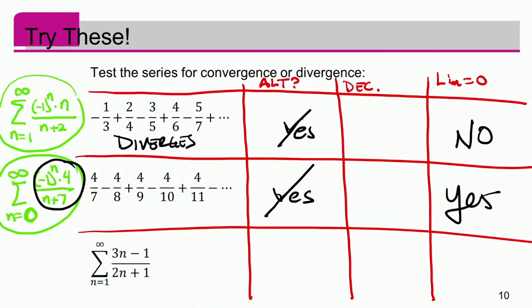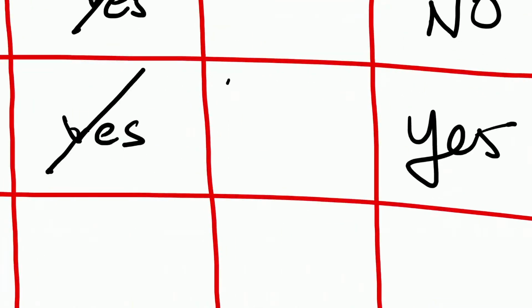So let me just write it down for you, because this is hard. This one's the hardest of the bunch. So here's what you're checking. You're checking 4 over n plus 7. Is that bigger or smaller than 4 over n plus 1 plus 7, which is n plus 8? So which of those is bigger and which is smaller?